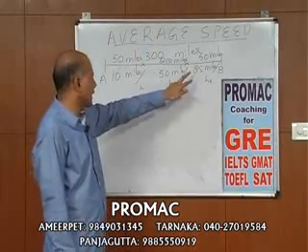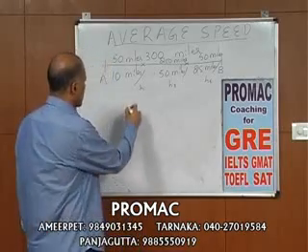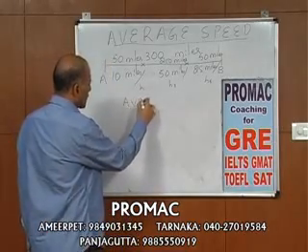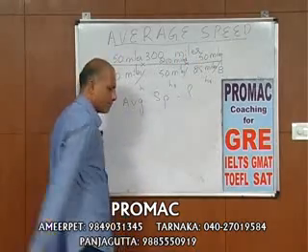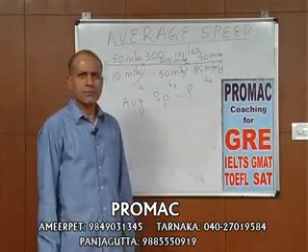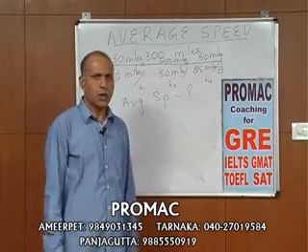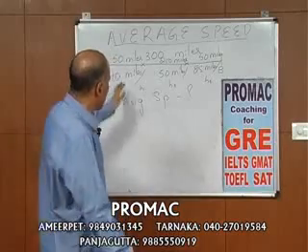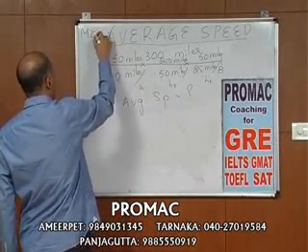Last 50 miles I traveled at a speed of 25 miles per hour. So I would like to know what is the average speed of this total journey. We all know what average means. We all know what mean means. So average speed, same thing is also called mean speed.